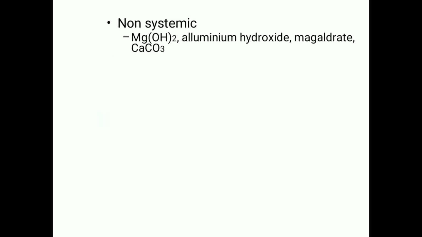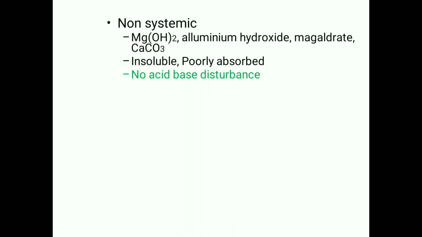Then there are certain non-systemic compounds available like magnesium hydroxide, aluminum hydroxide, and calcium carbonate. The advantage with them is that they are insoluble and poorly absorbed, and as a result, systemic adverse effects or systemic complications are not associated with them.